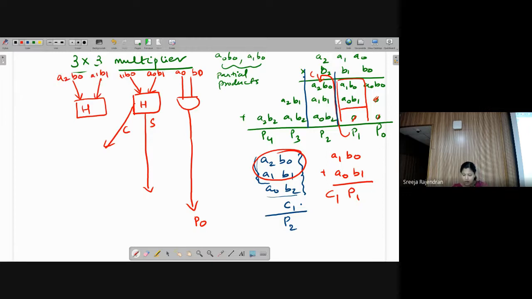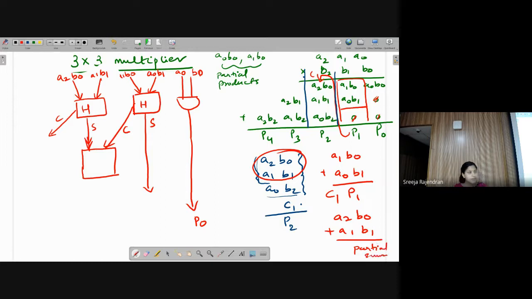When I add it, there is a sum generated. There is also a carry generated. Now what all comes in next? Next stage of addition. This is not complete. I have to do more addition. So by adding these two, I get a partial sum. When I add A2 B0 plus A1 B1, what I get is a sum. I call it a partial sum.